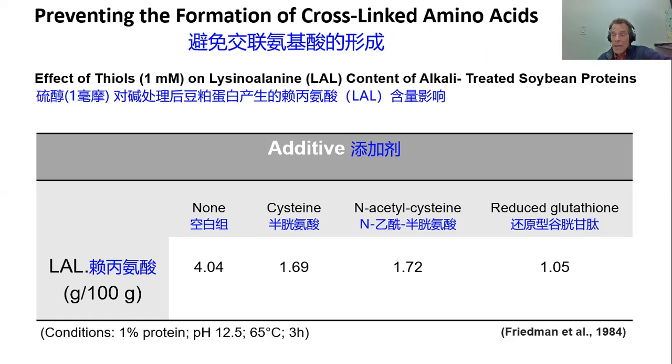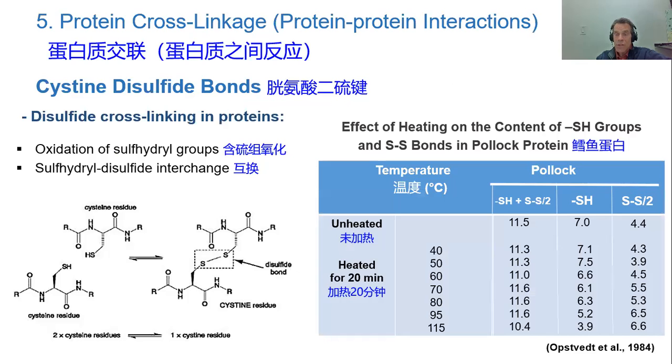It can be done more easily by adding things like cysteine, acetylcysteine, or reduced glutathione to a mixture of soy protein and processing it, which significantly reduces the formation of lysinoalanine within the sample. So these are strategies that could be used for improving the nutritional value of protein, or maintaining the nutritional value of protein when we heat process them.